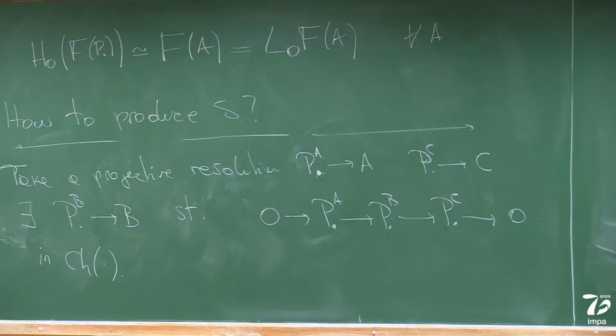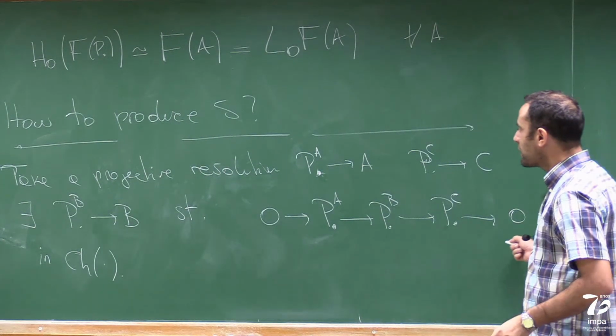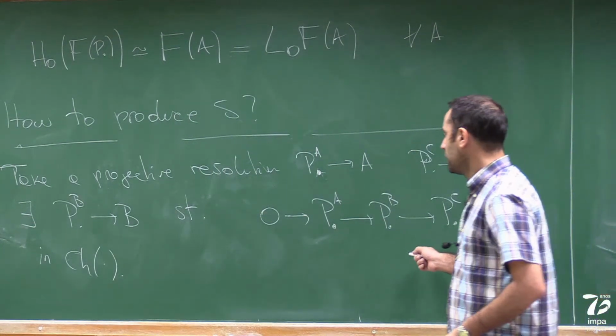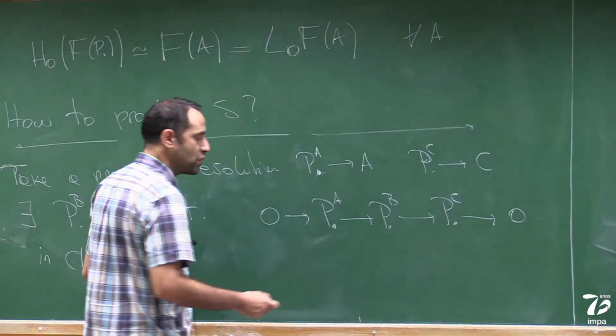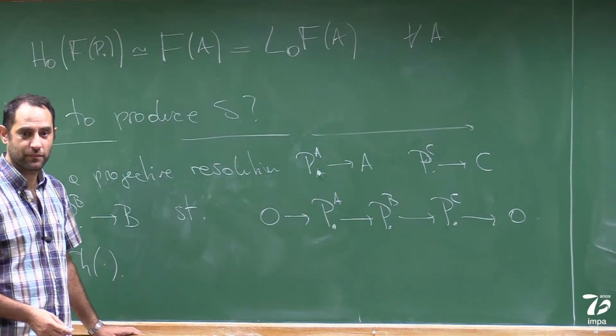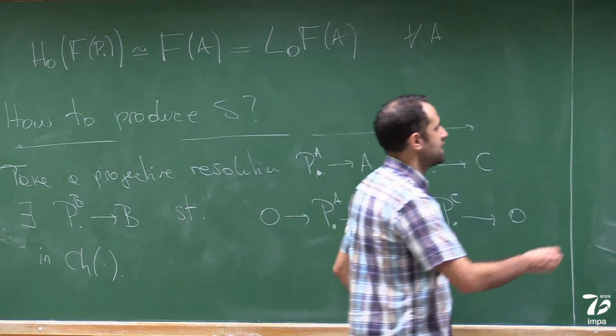Okay, so, right. What we need to do is apply our functor F to this exact sequence, and then take homologies of those guys.